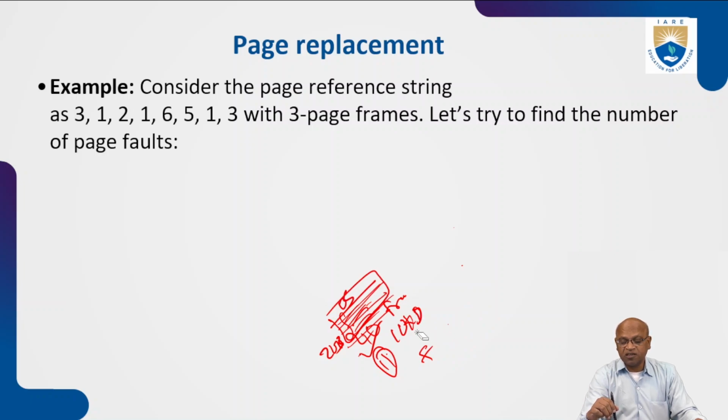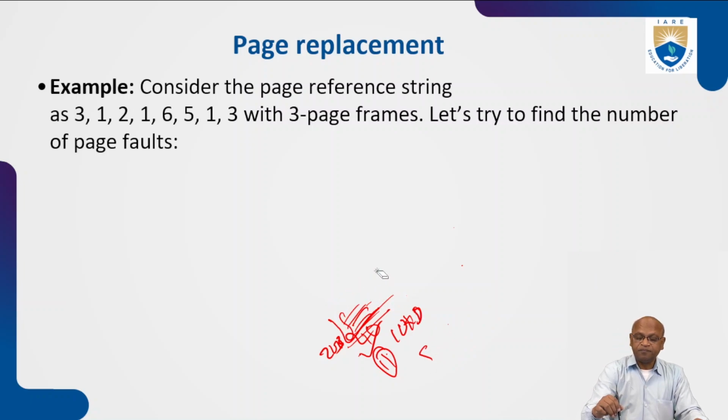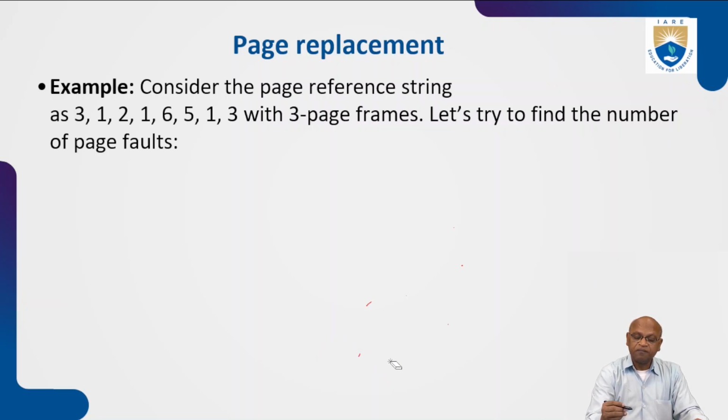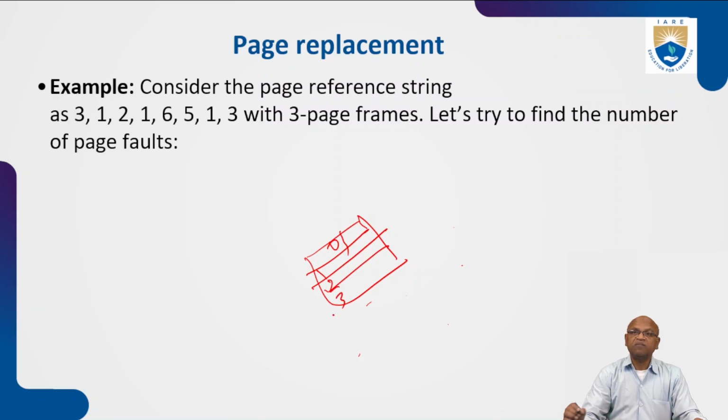In the RAM there are 3 frames available. Now we will see how it executes. This is our RAM, this part is OS occupied, and only 3 frames are available.